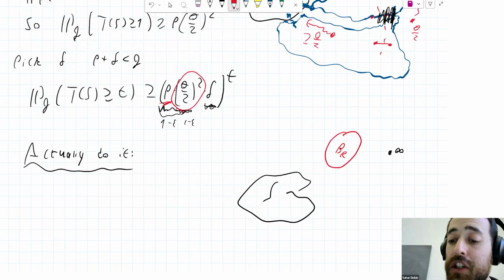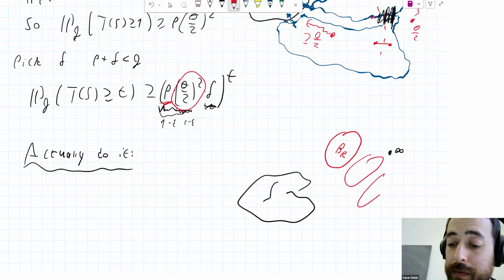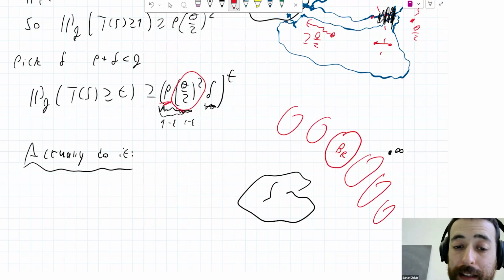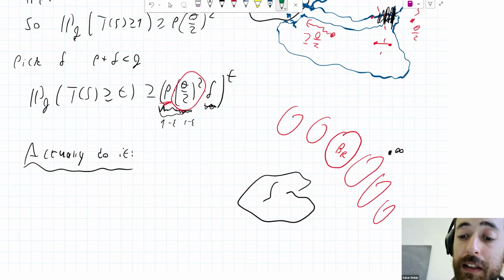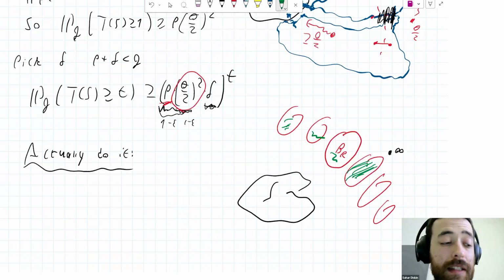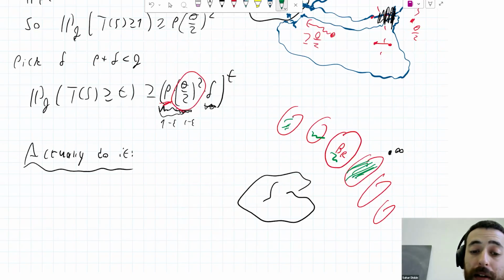And again, I can position them in such a way that they connect to many places at the same time. So I take plenty of such balls, and I also need to take another sprinkling, such that after I do this sprinkling, the probability that at least one of them is fully open is 1 minus epsilon.